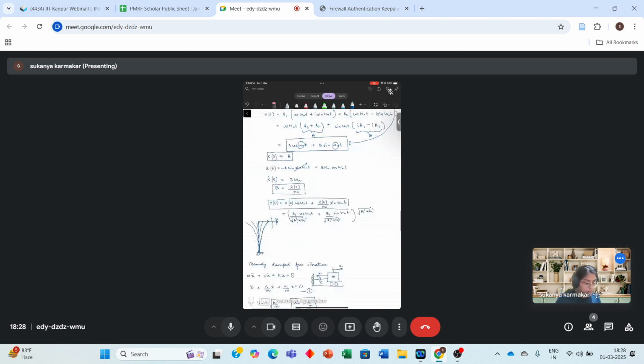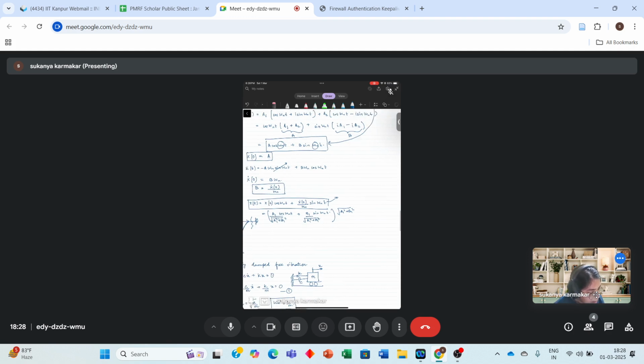I'll tell you why I am doing it like this. I want to convert it into some sine or cos, with an amplitude x into sine of omega n t plus phi. I want to write it in this format.